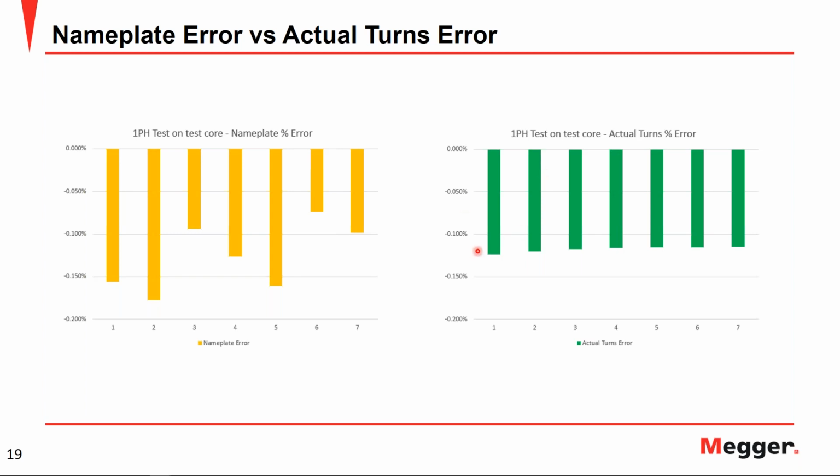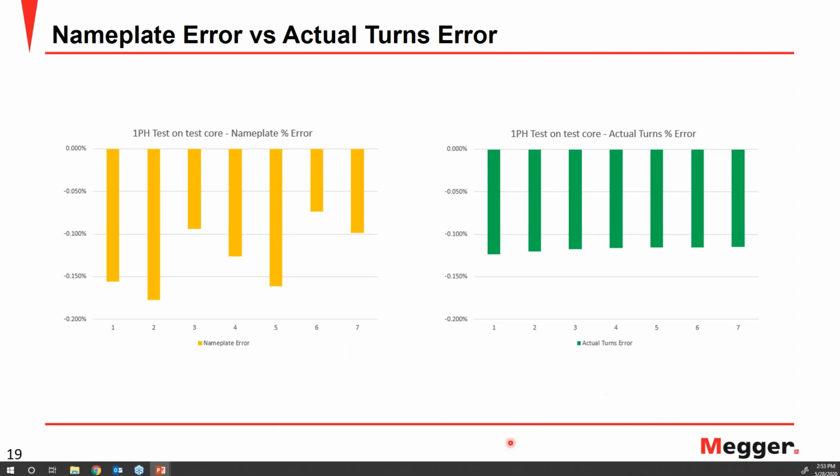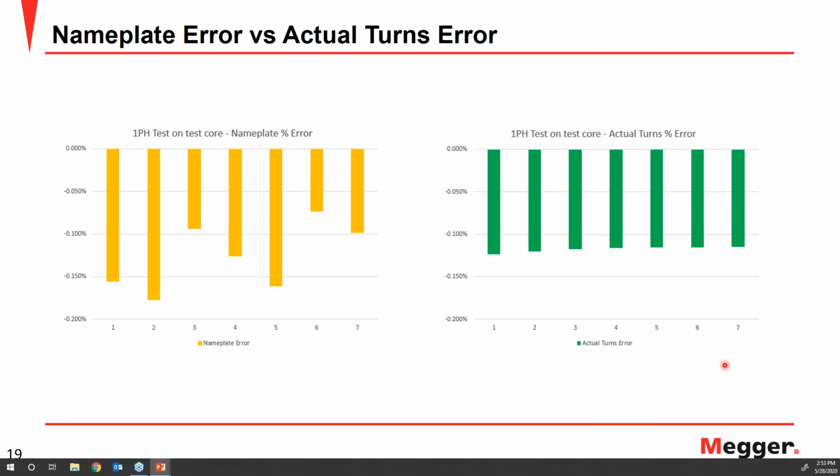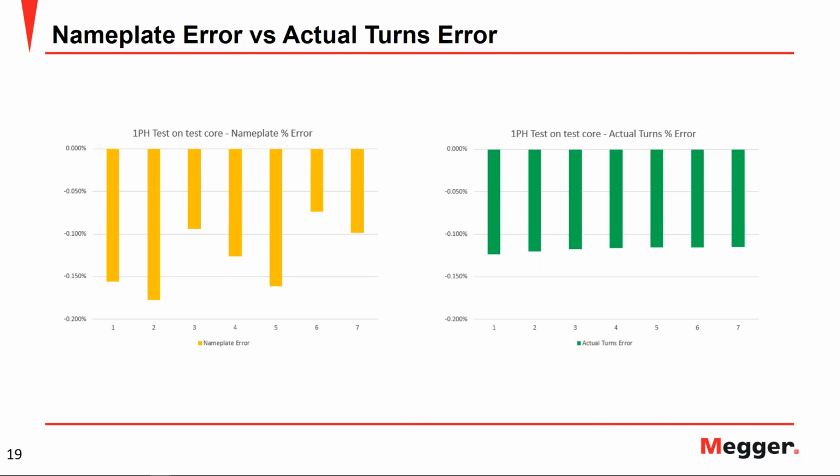Before I answer that, I'm really glad to see these questions coming up, because these are the questions coming from people who have experienced these things in the field. So just think about what is happening when you're doing the excitation test. You are basically doing an open circuit test, applying a voltage to the primary side or the high voltage winding, and recording the excitation current.